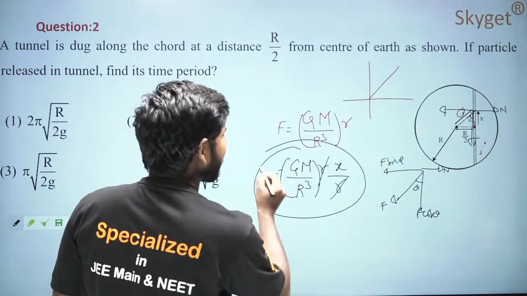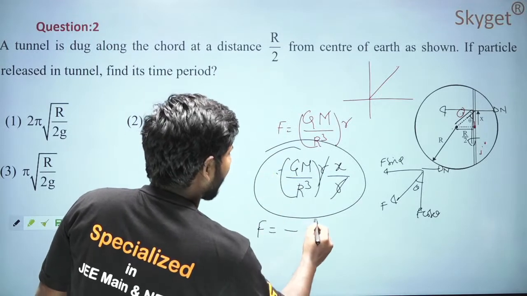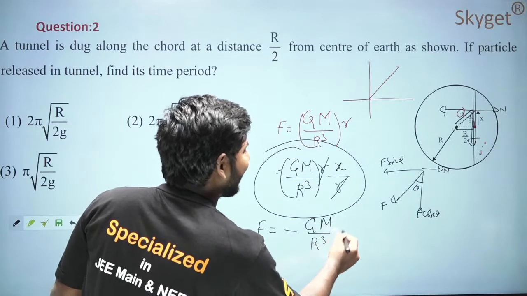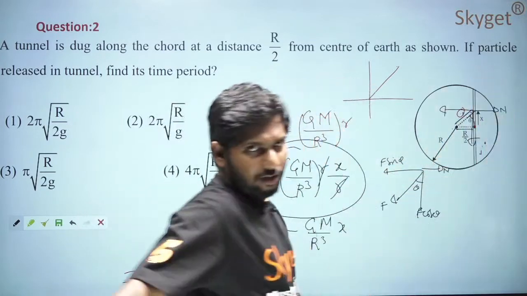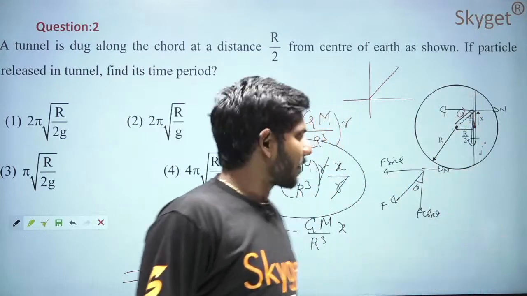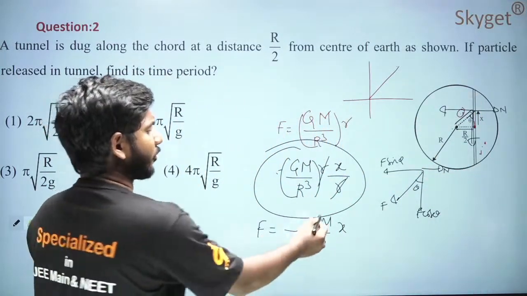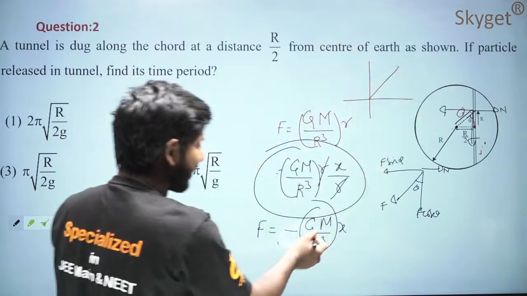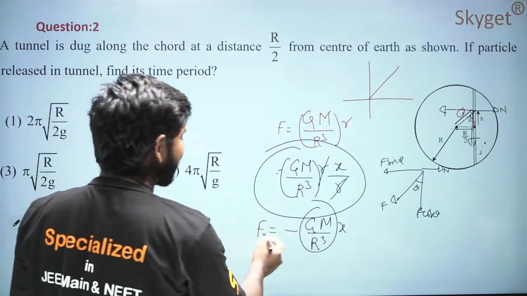So f is equal to minus. Why am I writing minus here, students? Because it is opposite to the direction of x, the displacement in the downward direction. So minus G M by r cube x; you were able to find f is equal to minus k into x, this is that k.